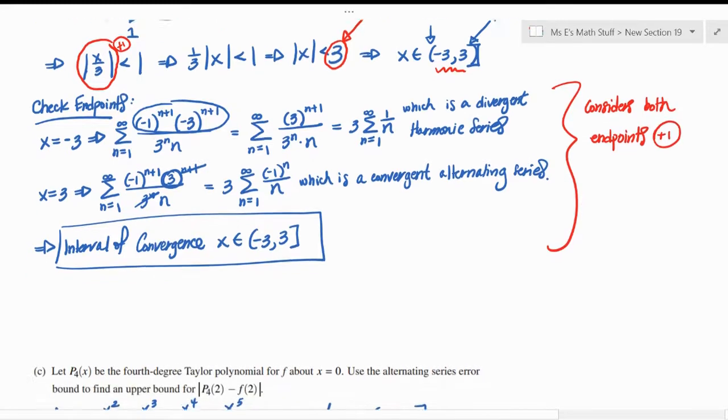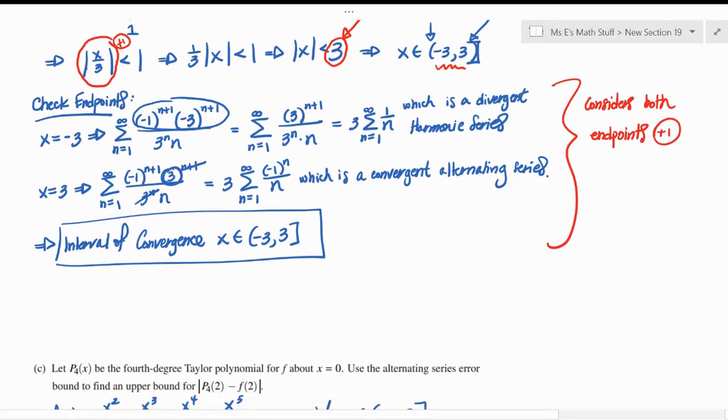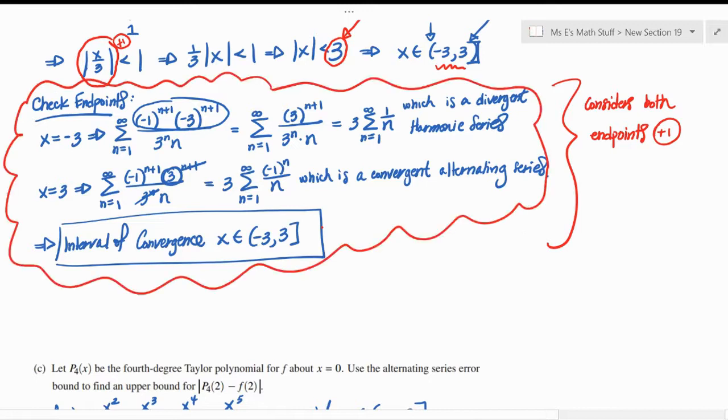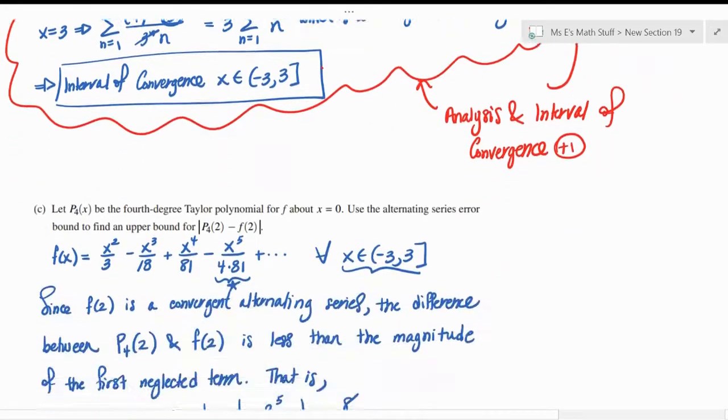And then the last point is for all this analysis on the endpoints and for getting the final interval of convergence. So you really had to work for that last point. Getting the analysis and the interval of convergence totally right there with that hard bracket on the 3, but a soft bracket on the -3.